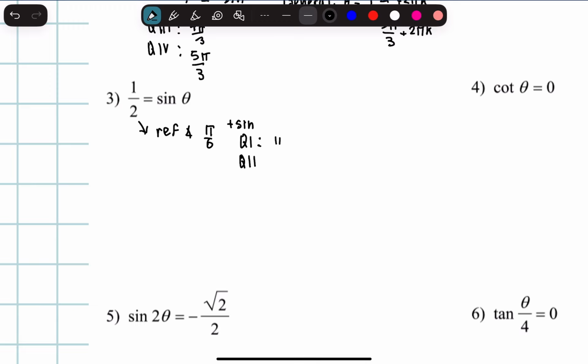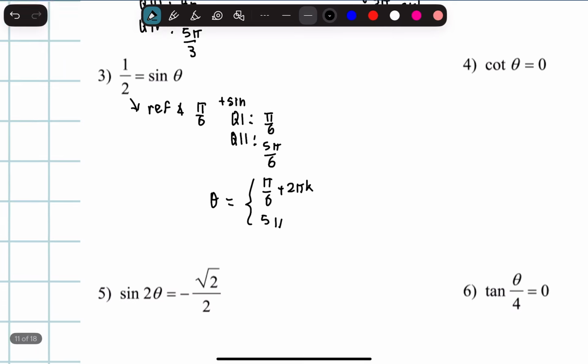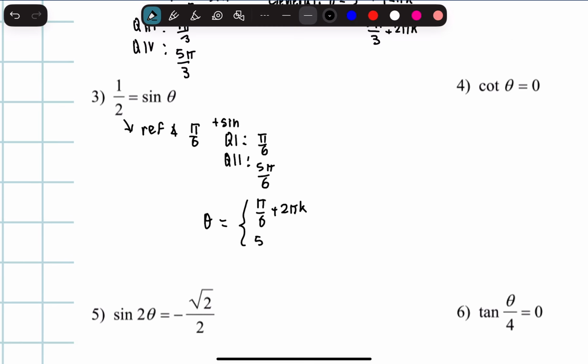So that's going to be pi over 6 and 5 pi over 6. So now theta is going to be pi over 6 plus 2 pi k, and also 5 pi over 6 plus 2 pi k.